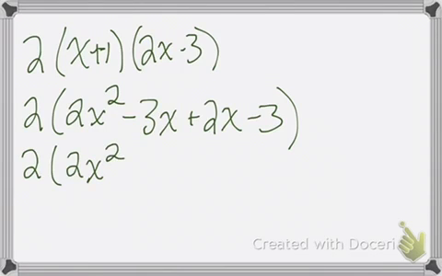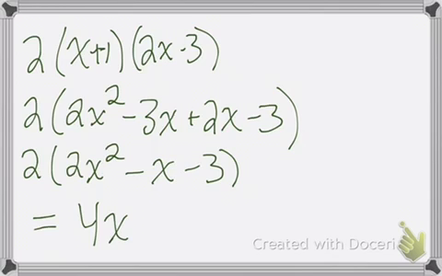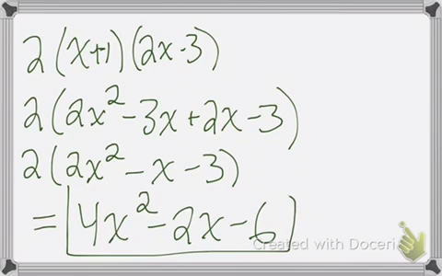We're going to get 2 times (2x squared minus x minus 3), for a grand total of 4x squared minus 2x minus 6. Okay, so we've built our three groups of faces, and now on the last slide I'm going to add them all together. There's no particular way that's desired here. Just for the sake of space, I'm going to add these up and down.